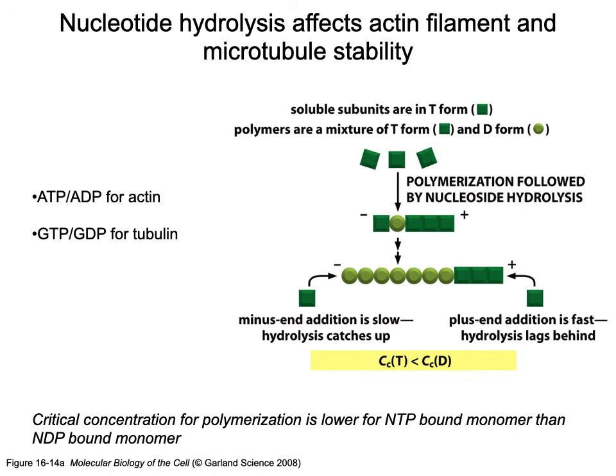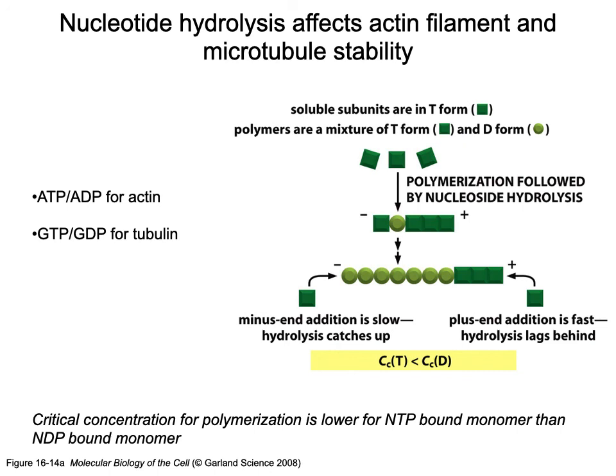This ability to control the growth relates to whether the GTP has undergone hydrolysis. Remember, hydrolysis is where we're adding a water molecule, and the GTP is converted to GDP. You can see in this figure how at the bottom we might have a mix of it, but when we start having more of our subunits in the D form, where we have GDP, it slows down the rate at which subunits can be added on.